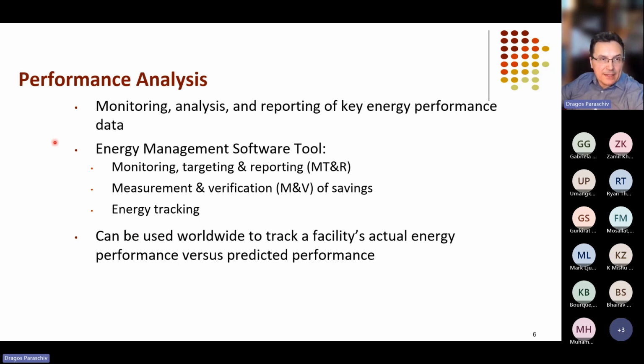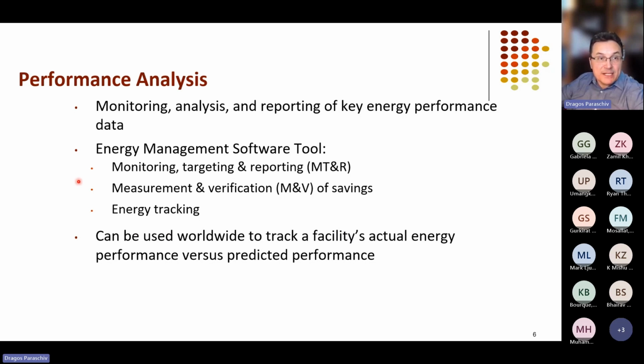And in the larger platform of energy management with RETScreen, we can provide the support for a monitoring and targeting strategy, which is the basis of the energy management in general.